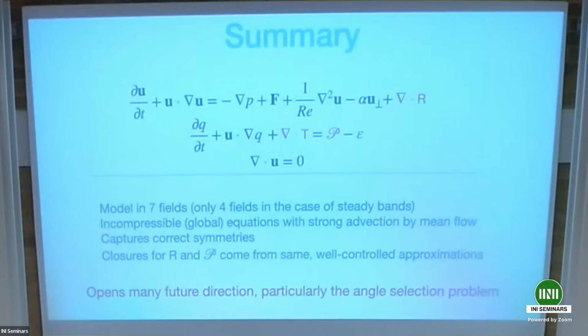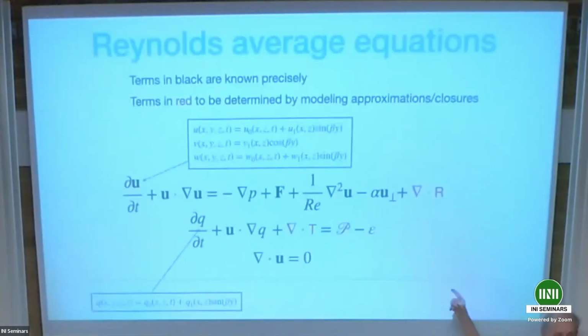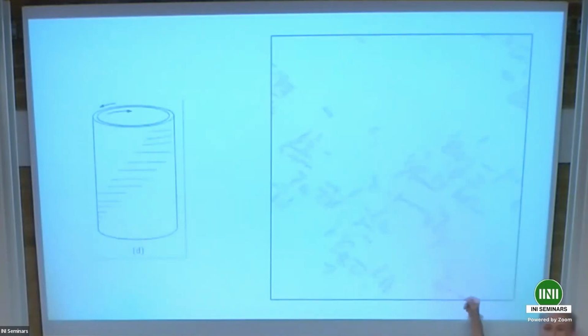Okay, so let me say it this way. These simulations that Matt Chantry did, we did not introduce that alpha as part of the last modeling that I was discussing. It was introduced already here.